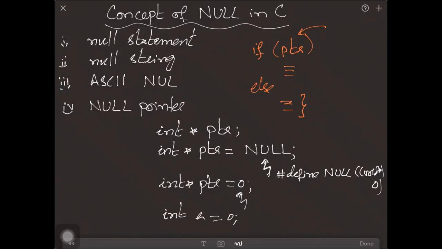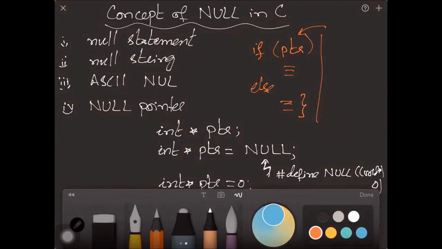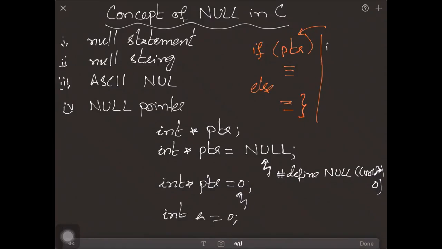This is equivalent to: if ptr is not equal to NULL, then this, else this. This is another thing which confused my students many a time.